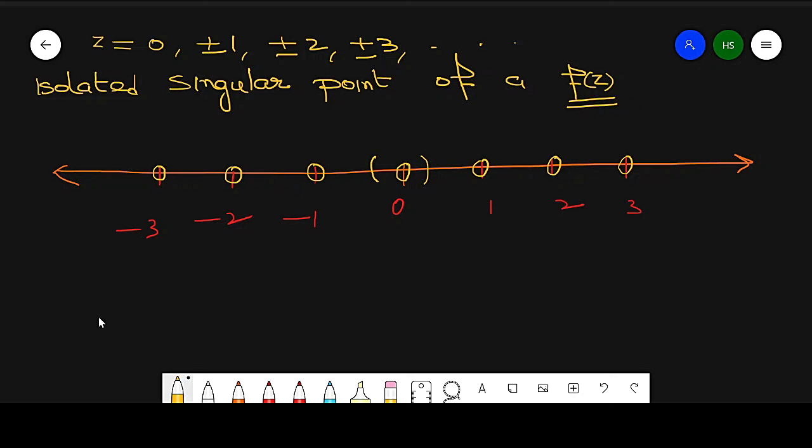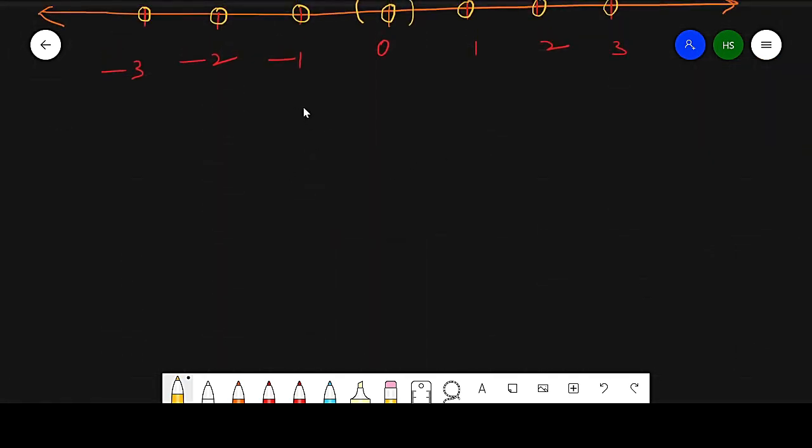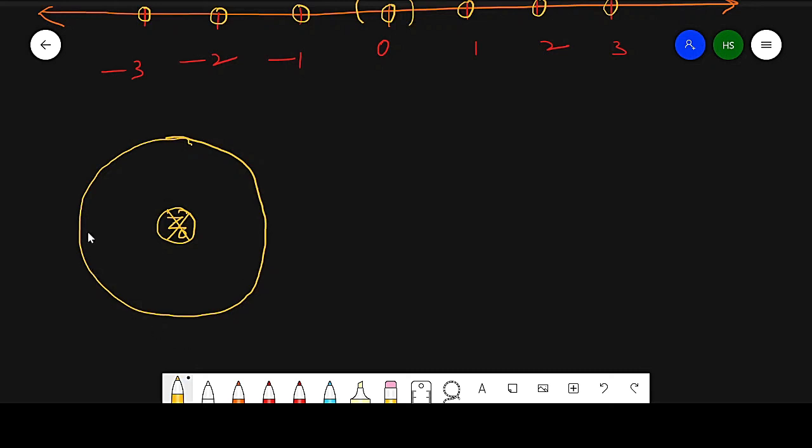So I repeat once again at the end of this lecture. A singular point is where the function is not analytic. Suppose z0 is a singular point where the function is not analytic. If I take a deleted neighborhood and in it the function is analytic, with no other singularity, then it is called an isolated singular point.